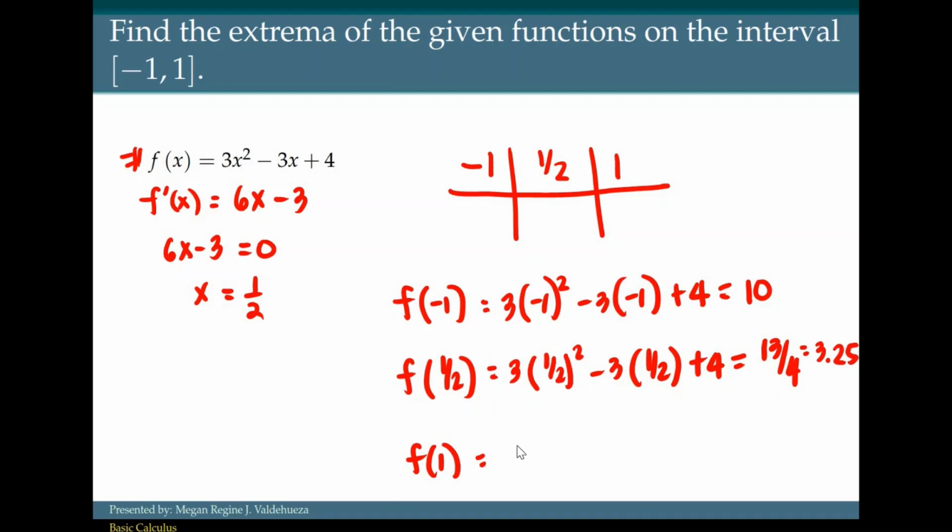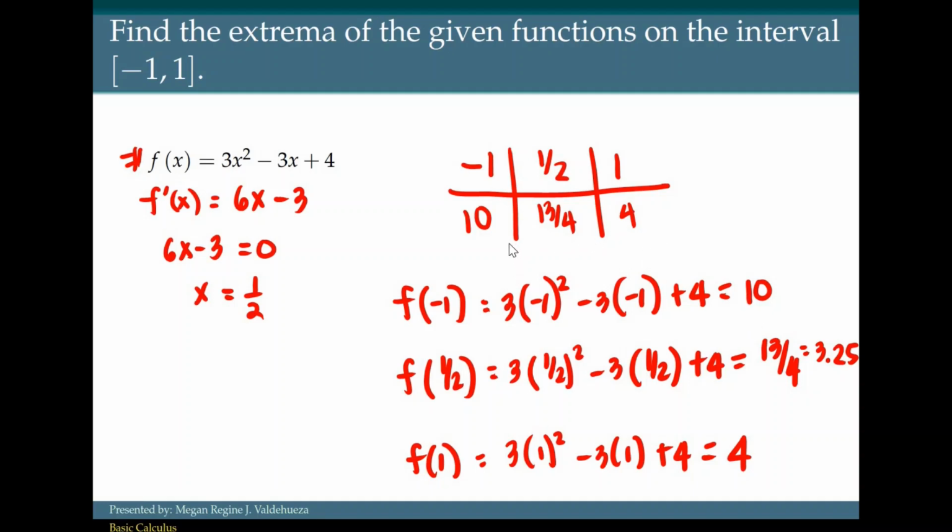So for f of 1, we have 3 times 1 squared minus 3 times 1 plus 4. And that will give us 4. So when x is equal to -1, y is equal to 10. When x is equal to 1/2, we have 13/4. And when x is equal to 1, we have 4.